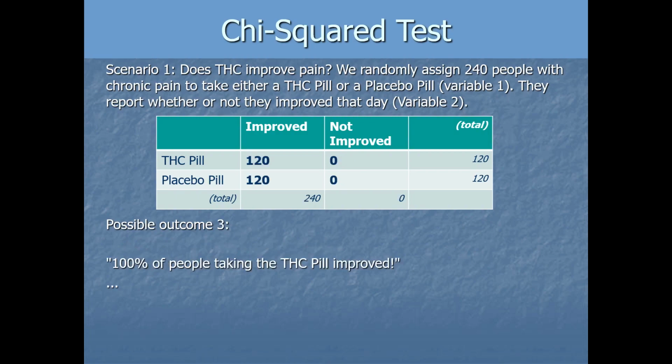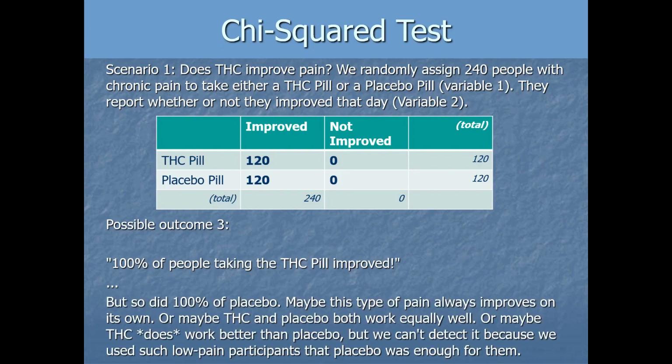But it's also possible it could come out like this, where everyone's pain improved regardless what group they were in. And while someone with a conflict of interest might claim, Eureka, our THC treatment has 100% effectiveness, come buy this new THC pill, that's kind of worthless. This data isn't very helpful because people taking the empty pill also had 100% effectiveness.